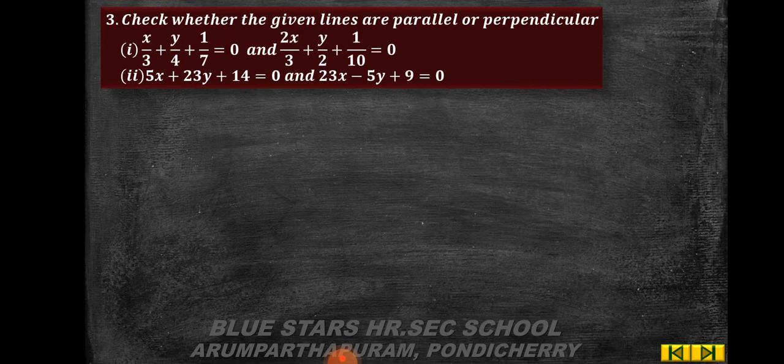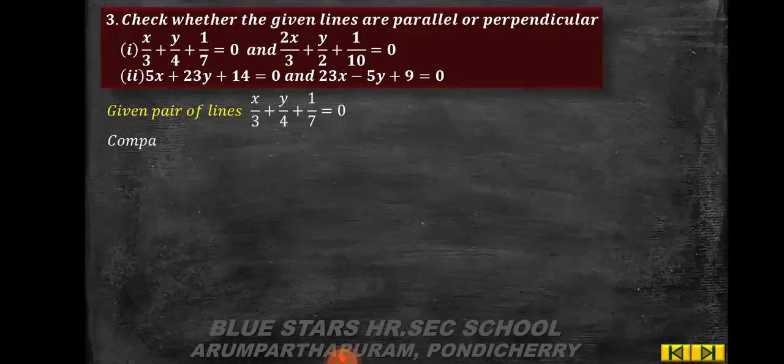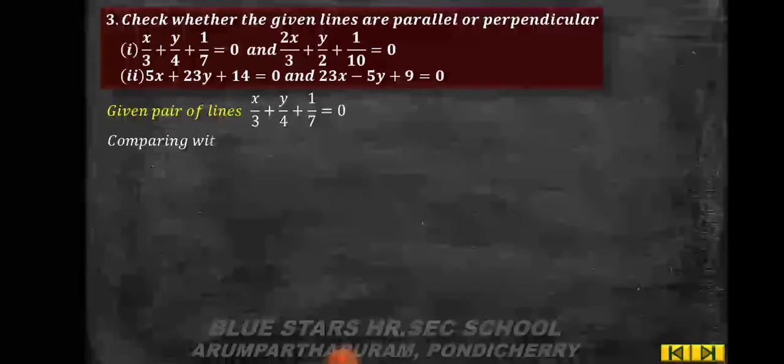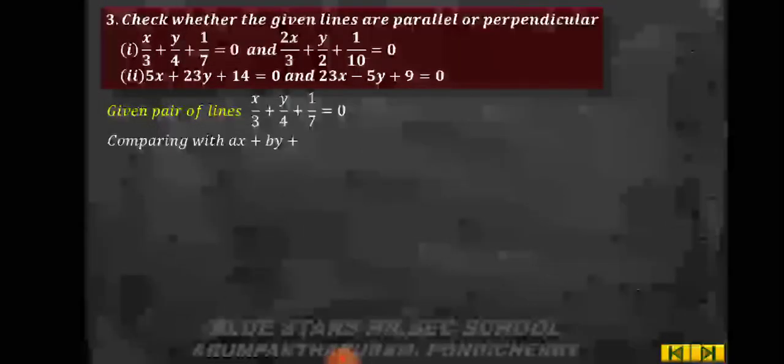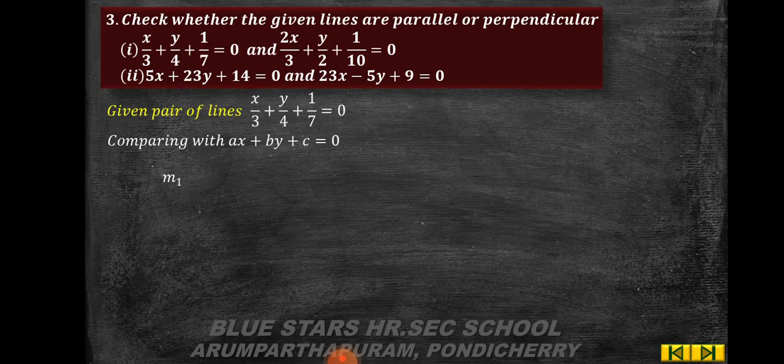Second subdivision, 5x plus 23y plus 14 is equal to 0, and 23x minus 5y plus 9 is equal to 0. So given pair of lines is x by 3 plus y by 4 plus 1 by 7 is equal to 0. Comparing with ax plus by plus c is equal to 0.